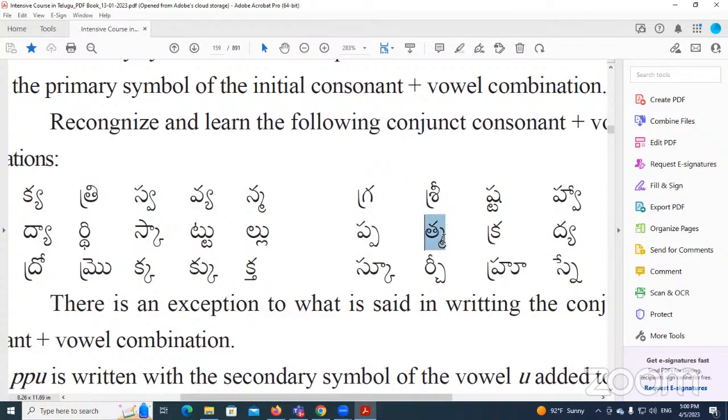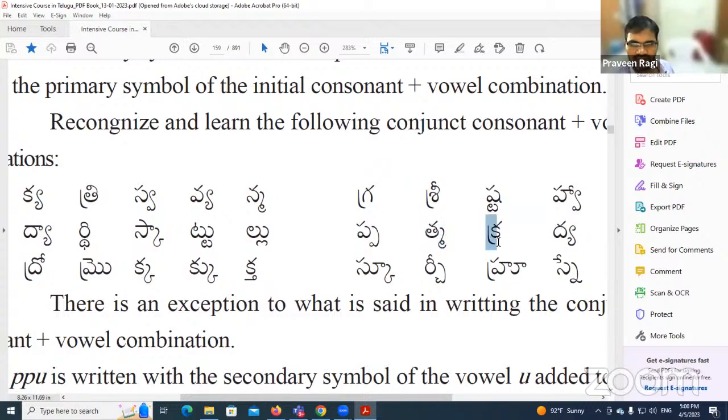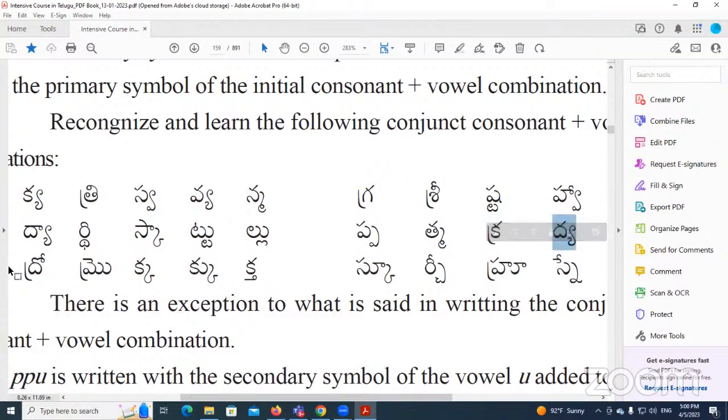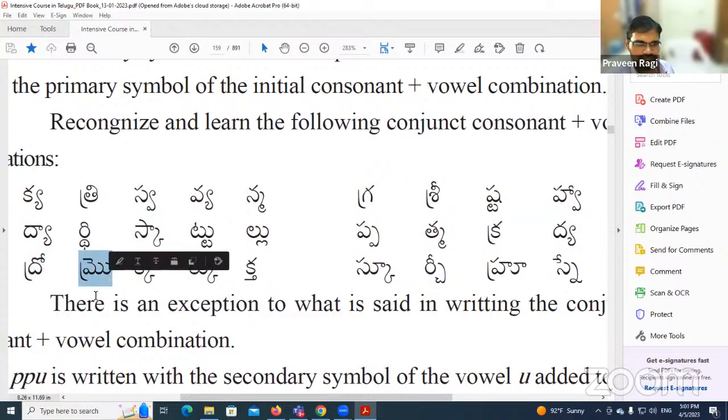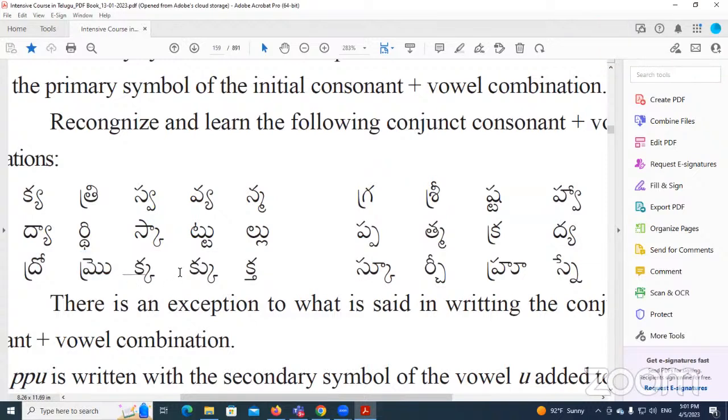Okay. "Tama." "Ma," yes, fine. "Kra," okay. "Dia," okay. "Dro," okay. "Mro," okay. "Kukka," yeah, super.